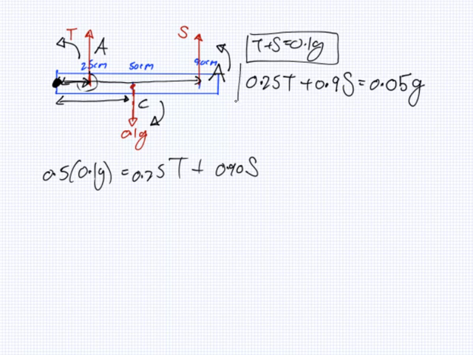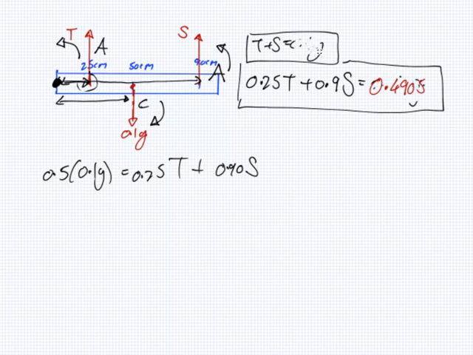Can you give it to me as a decimal? What is it as a decimal, please? 0.49. 0.5. And then this one here, 0.1 g, is 0.981.